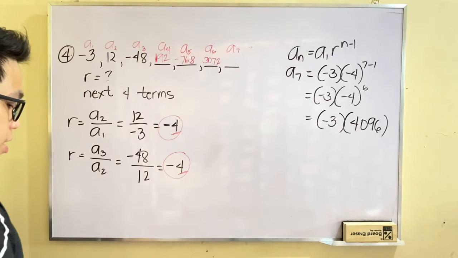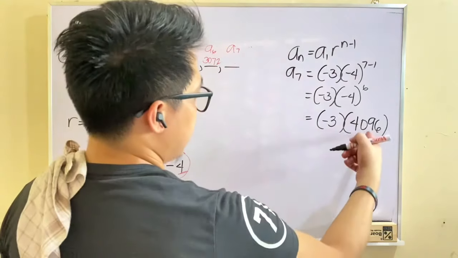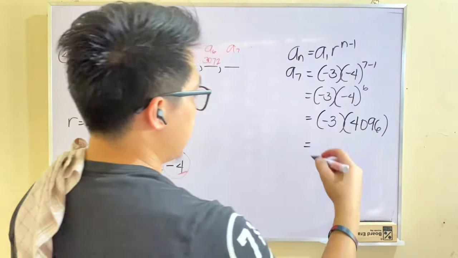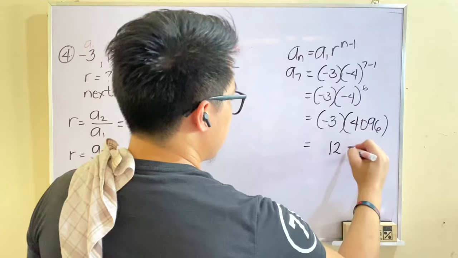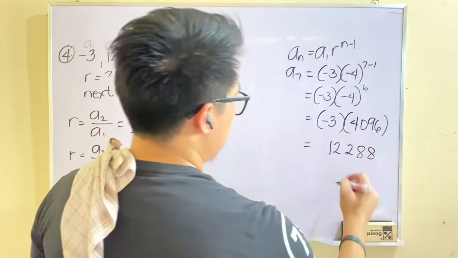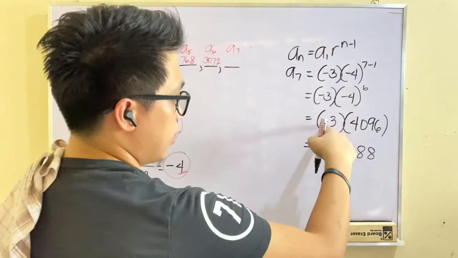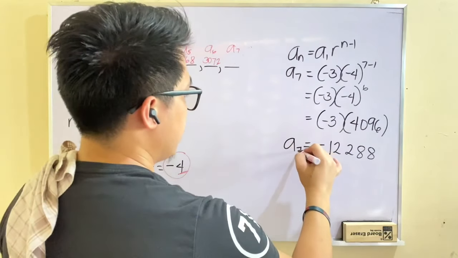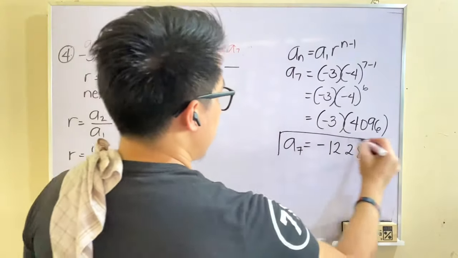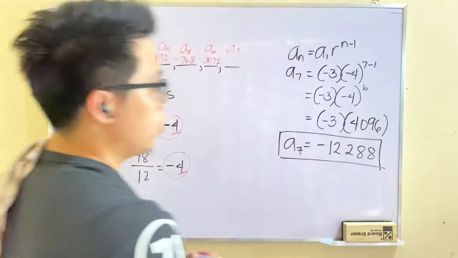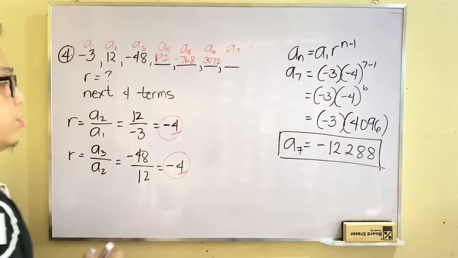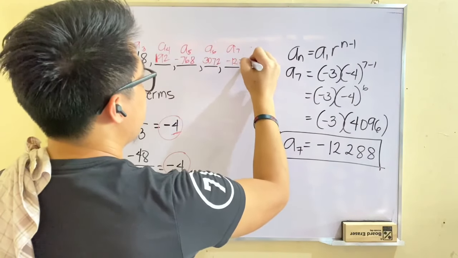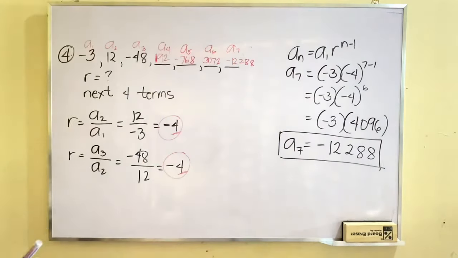So, after nyan, ita-times natin si 3 times 4,096, which is, anong magiging sagot natin? 12,288. Positive or negative? Negative times positive is negative. Therefore, our a sub 7 is negative 12,288. So, sulat natin dito, negative 12,288.